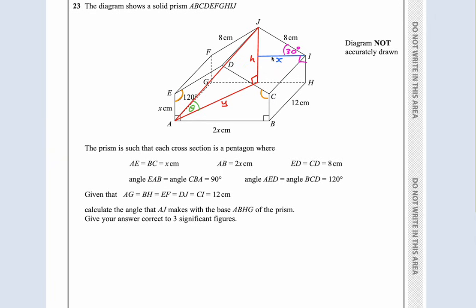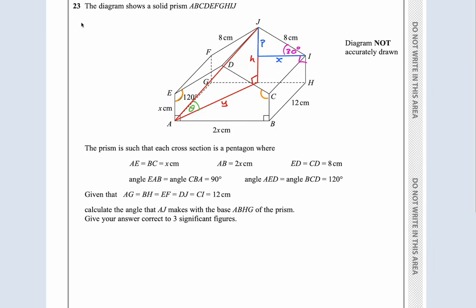So this length is X, and I'm going to call this length here P, which is the height. Why P? Why not? Okay, so I know the hypotenuse, so I can find X and I can find P using SOHCAHTOA.